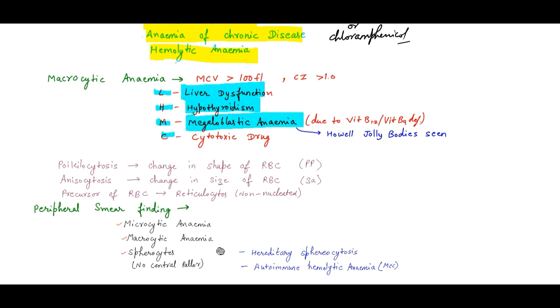Megaloblastic anemia we already studied is due to vitamin B12 and vitamin B9 deficiency. Vitamin B9 deficiency causes neural tube defect. Cytotoxic drugs also cause anemia, since they cause vitamin B9 deficiency that leads to megaloblastic anemia. We already studied this in our biochemistry rapid revisions.